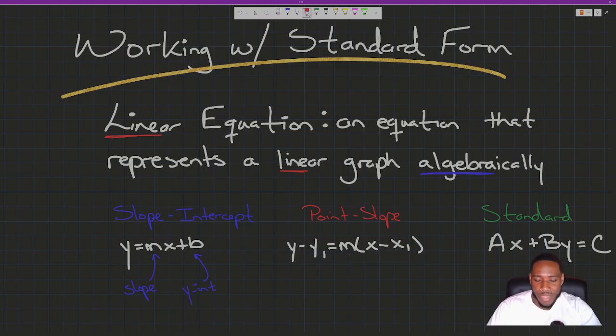Point-slope form gives us the slope, and x1, y1, which are the x value and the y value of a point on our line.